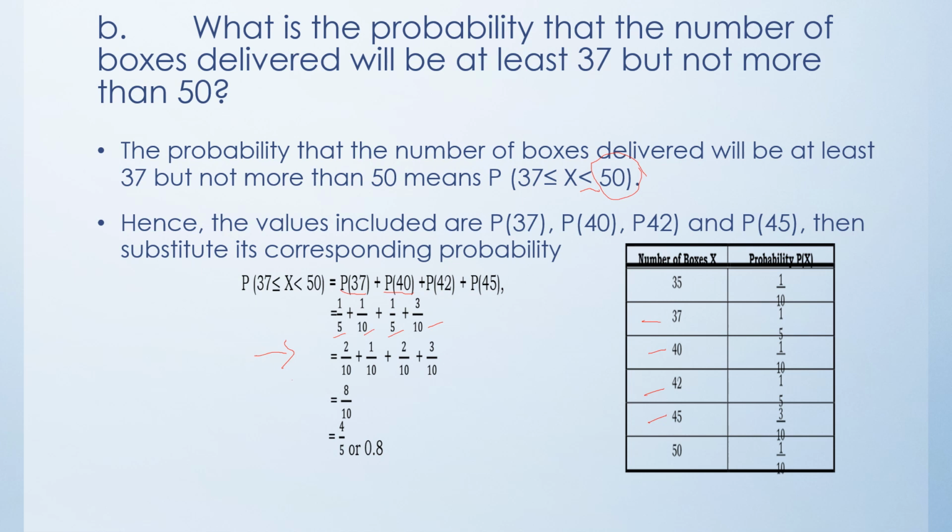Adding all this together will give us 8 over 10. Simplifying 8 over 10 will give us 4 over 5 or 0.8. The probability of getting an x less than 50 but greater than or equal to 37 is 0.8 or 4 over 5.